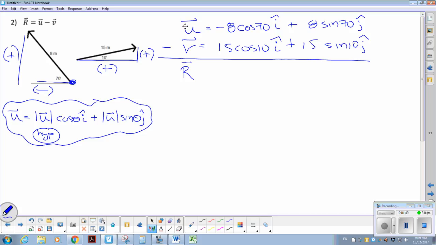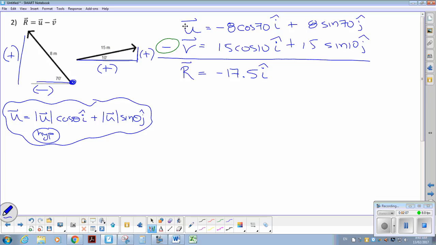There we go. Now we can just add our x components, or our i values. I'm going to plug that into the calculator. Negative 8 cos 70 minus, and be careful, don't forget that we're subtracting in this question, 15 cos 10, and I get roughly negative 17.5 i.